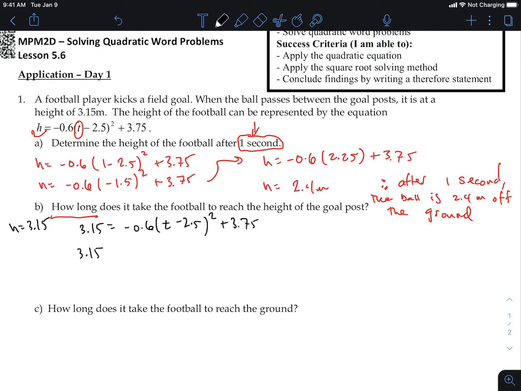3.15. I'm going to subtract 3.75 from both sides. You guys just finished doing this on the sheet for a different reason. It's all related. 3.15 minus 3.75, what's that? Negative 0.6. Divide both sides by negative 0.6.